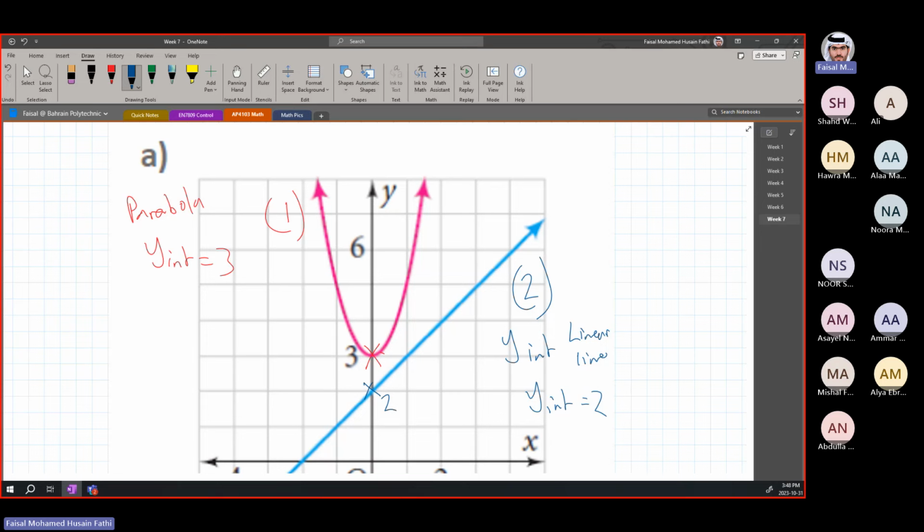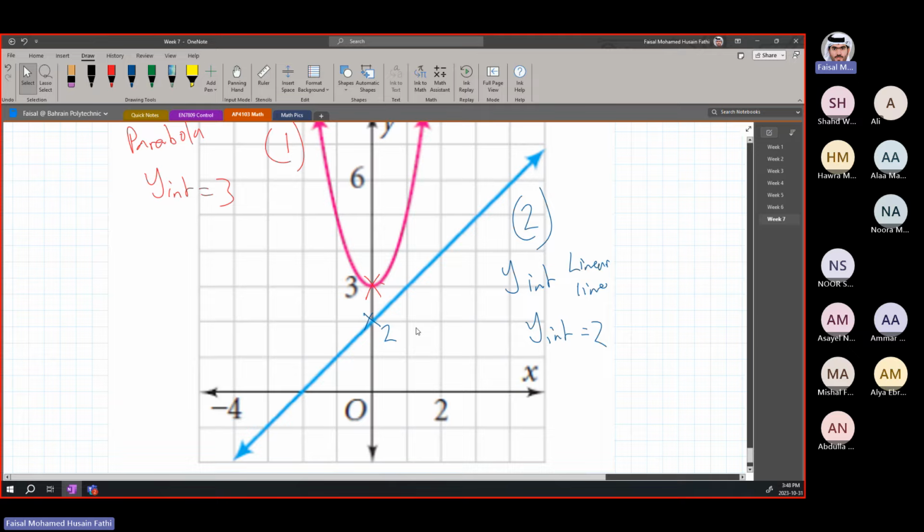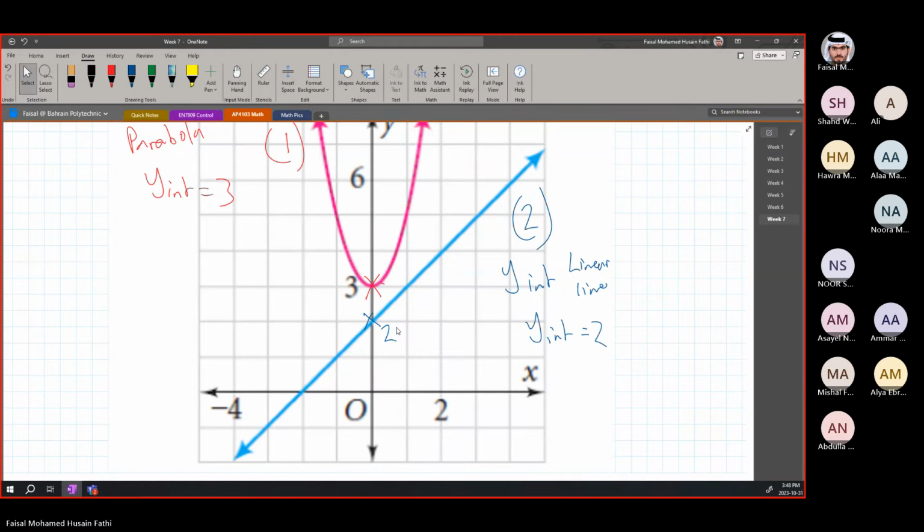For equation 3, the y-intercept is like that. The whole idea of y-intercept is where one line, one equation, is intersecting the y-axis, not both. The y-intercept for each line, each parabola is always going to be different from each other. Not always, but they are usually found different. Sometimes they are intersecting there, but if they're not intersecting at the y-intercept, it's going to be different for each equation. Does that make sense?